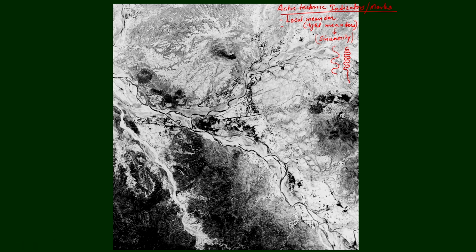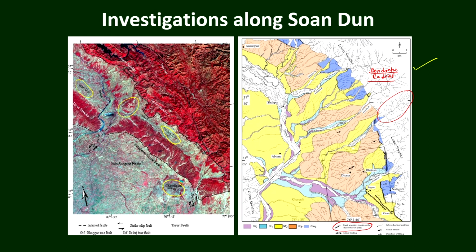Now, let us look at what I was talking about, the radial pattern and all that. If you look at this area, this is the area which is close to Nalagad and Dhana, and in the previous slide, if you look carefully, this is the area I am going to talk about right now. This is your Nalagad and this is the Dhana area. I have already mentioned that this is northwest of Chandigarh, and the channel which is flowing here, this one, is your Satluj river.